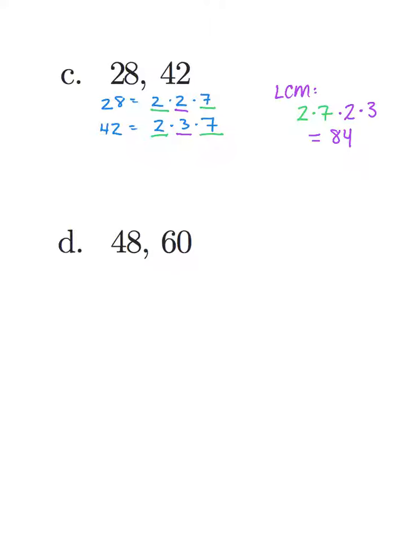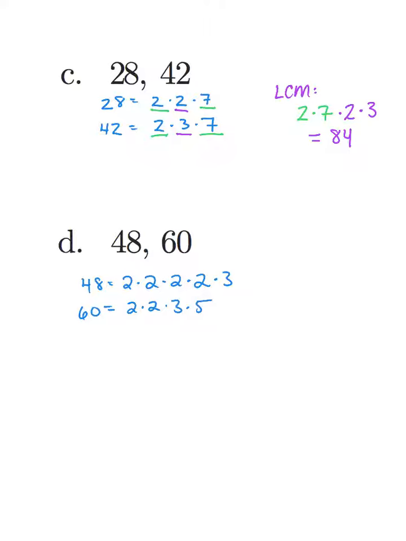For our last example, 48, if we factor it, we end up with 48 equals 2 times 2 times 2 times 2 times 3. 60 is equal to 2 times 2 times 3 times 5.